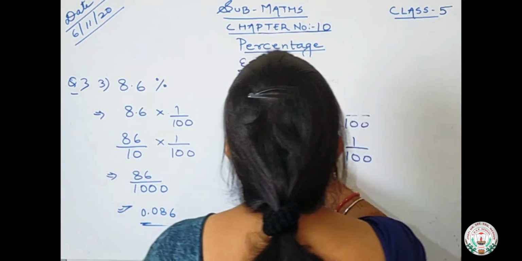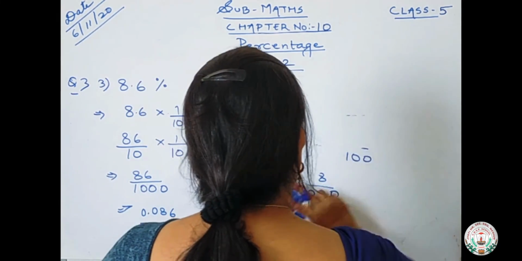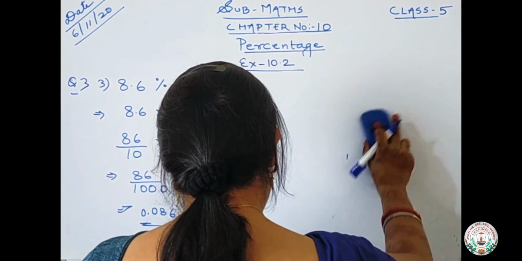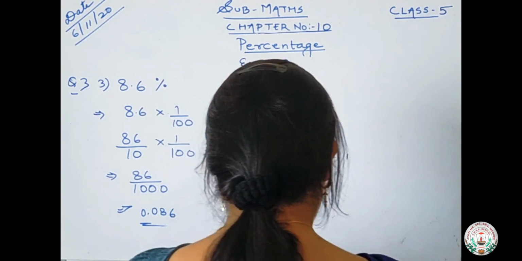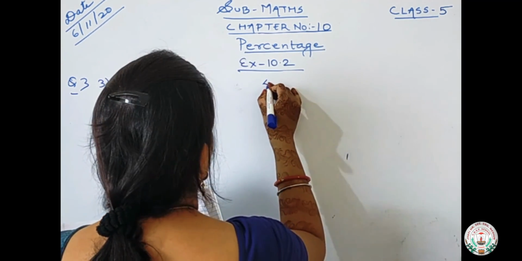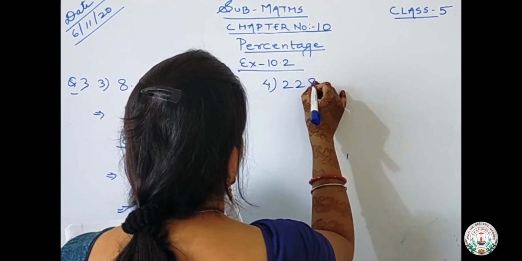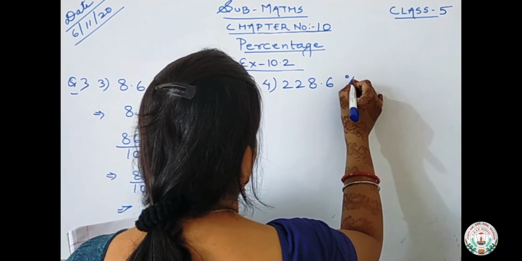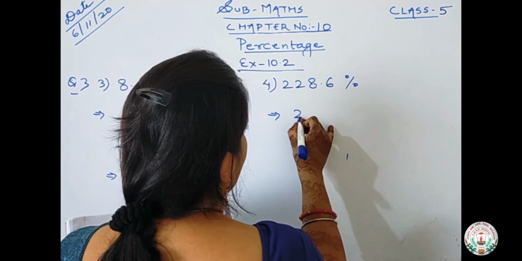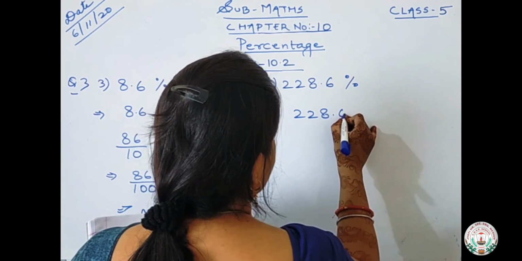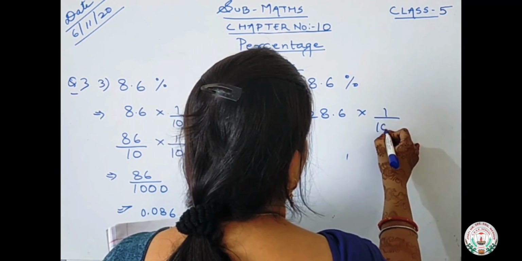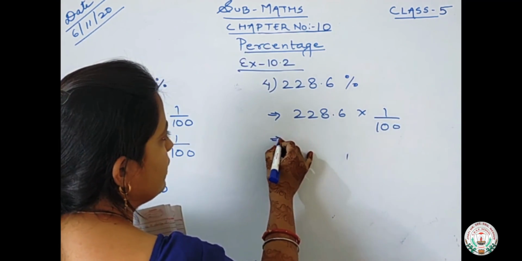Next is number 4. Number 4 is 228.6%. 228.6 into 1 upon 100. Here how many places of decimal? 1.